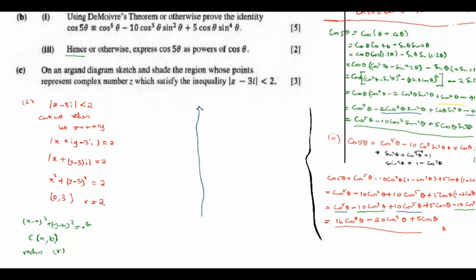Then our center is going to be here, where it's (0, 3), and we are going to have a circle there.